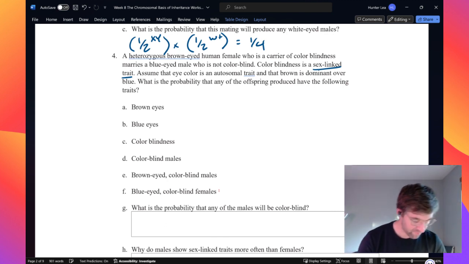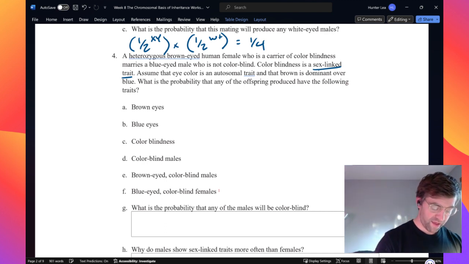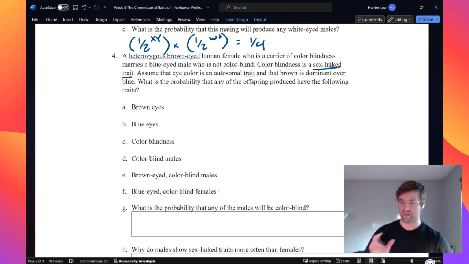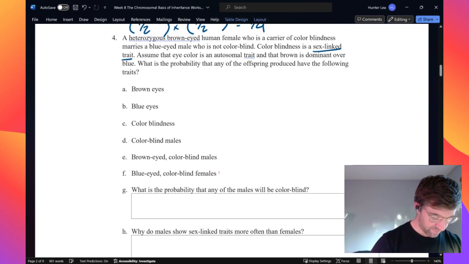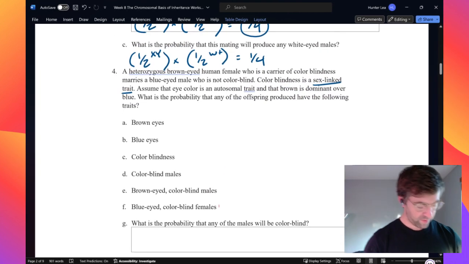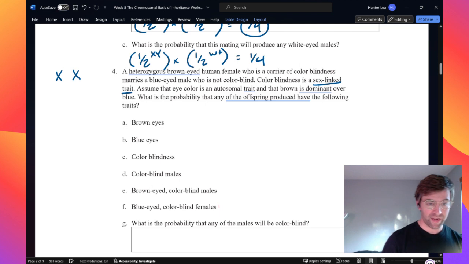So let's look first at, we're going to be doing two different Punnett squares, I think. We're going to be doing one for eye color and one for color blindness. So let's look at the female. I'm going to do this over on the left margin. So our female has to have two X chromosomes and is a carrier.